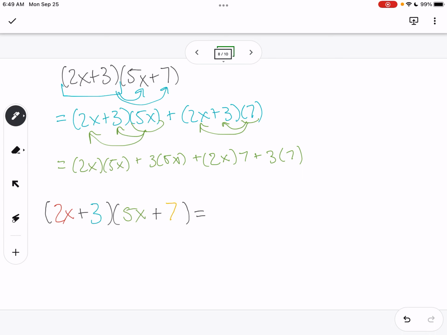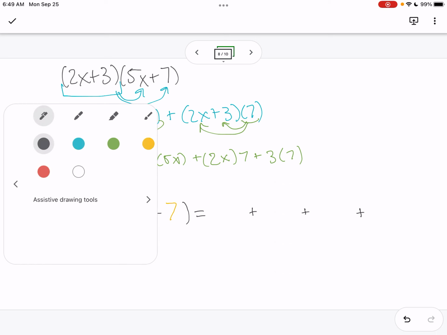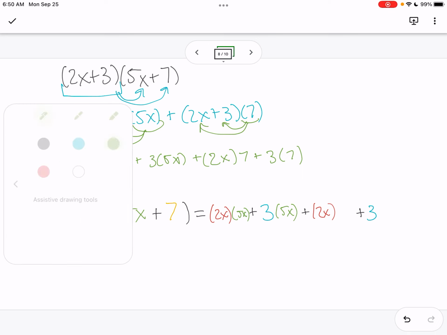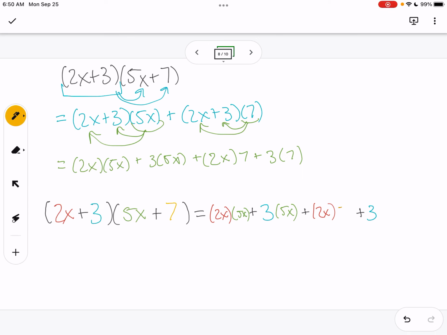This is equal to, so let's see, 2x is red. See, we have a 2x and a 2x. 3 is blue. See, we have a 3 here and a 3 here. 5x is green. We have a 5x here and a 5x there. And the 7 is yellow.